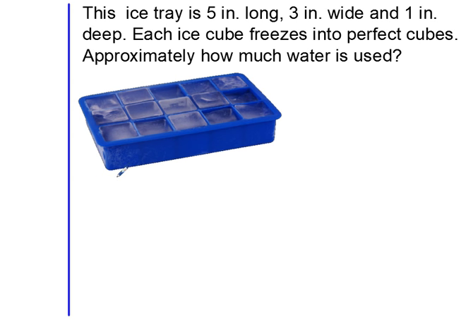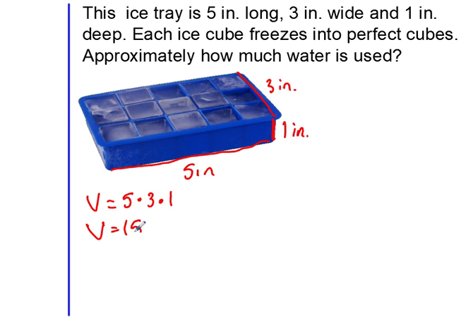We could approach it from understanding that this is the 5 inches, this is the 3 inches wide, and the height here is 1 inch. So we could find volume by doing 5 times 3 times 1, which would be 15 inches cubed.